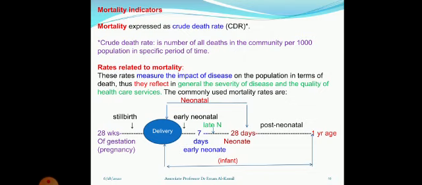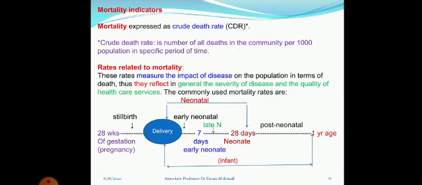The neonatal period is also divided into two periods: the early neonatal and late neonatal. Early neonatal is the number of deaths of the baby from birth up to the age of 7 days, while late neonatal death is the number of deaths of the baby after 7 days, or after 1 week, up to 28 days.